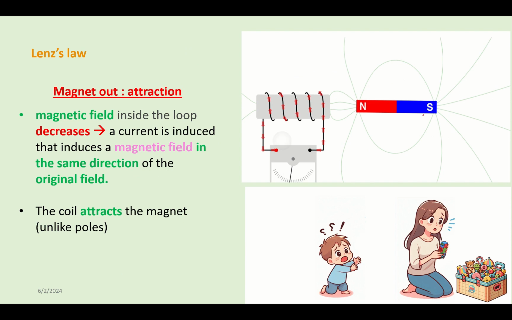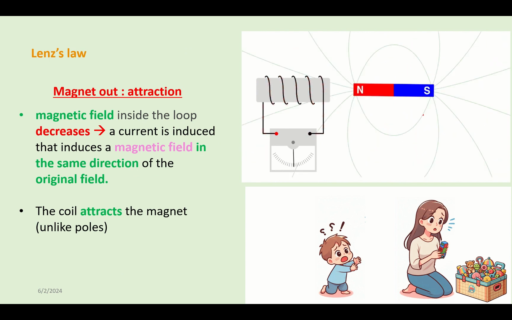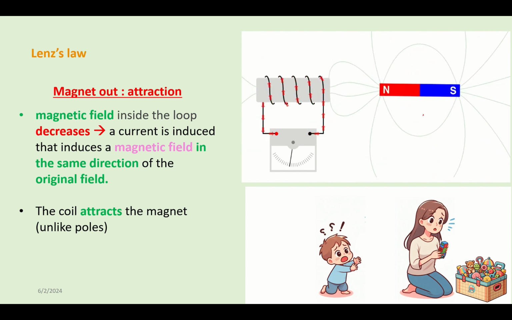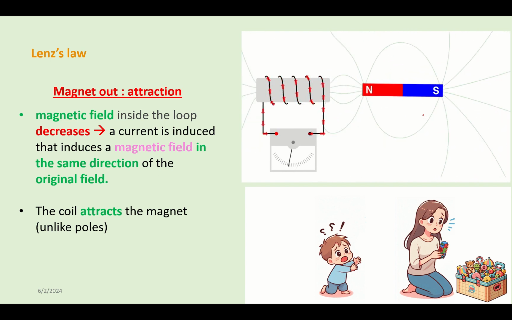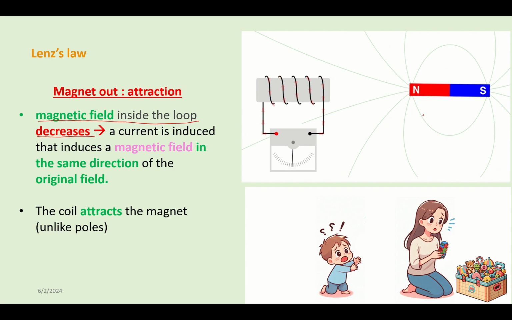Now, if we bring the magnet out, you can see that we have an attraction force between the coil and the magnet. That's because when we bring the magnet away from the coil, the magnetic field inside the coil will decrease.